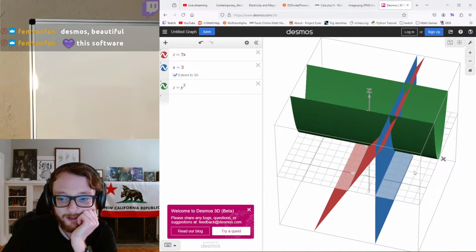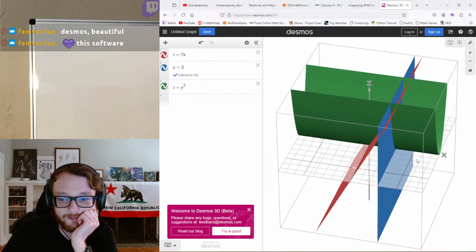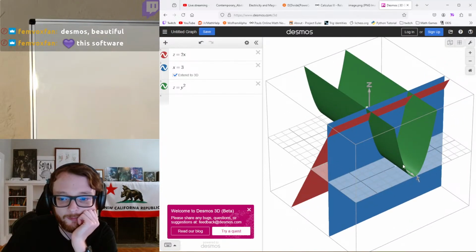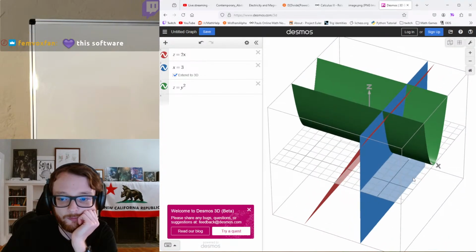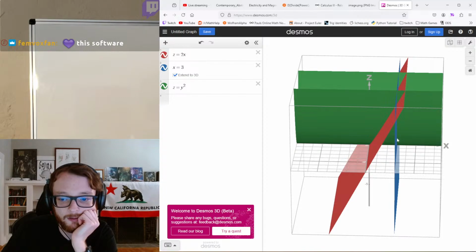I think your only bet here is to think about how the bottom of this parabola, the bottom of this trough, goes with z equals 0. And this plane is generally going to have a positive z value for the region that's being bounded.